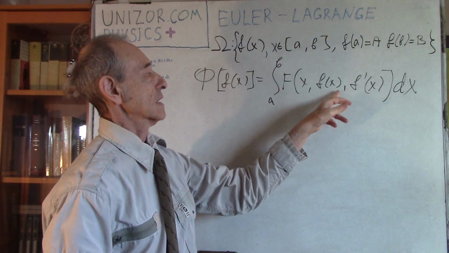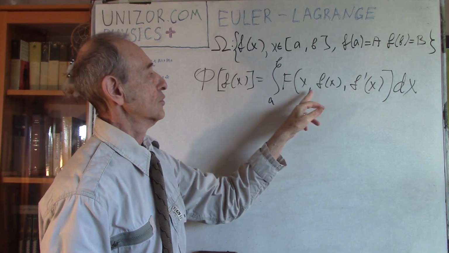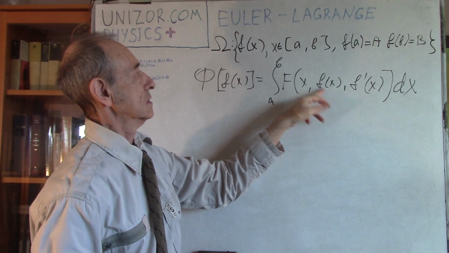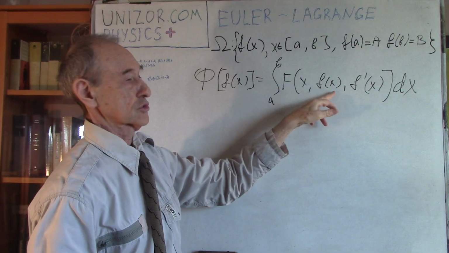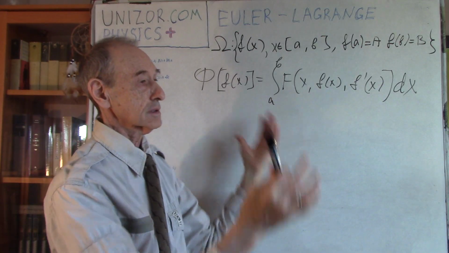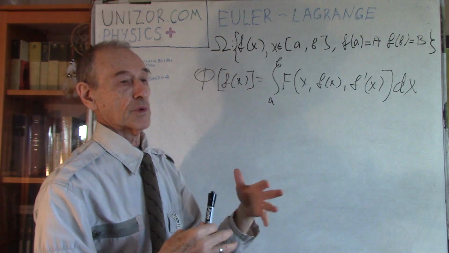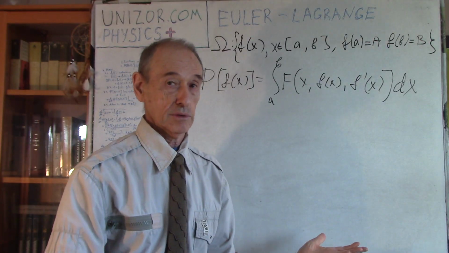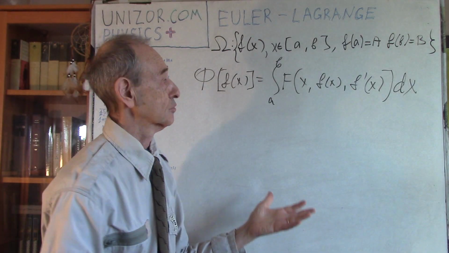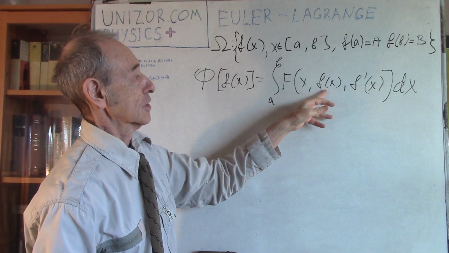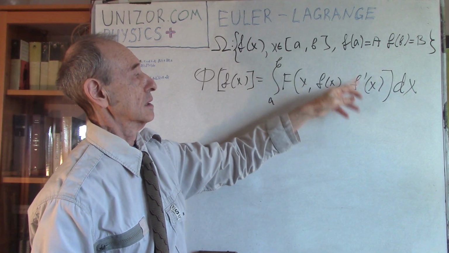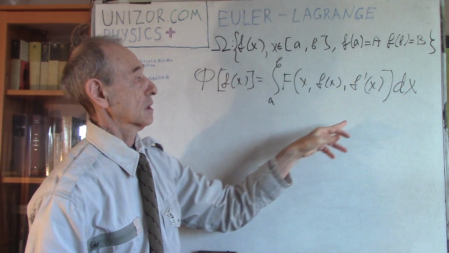So as our object is moving along the trajectory defined by function f of x, there is a certain formula which gives, let's say, the amount of fuel consumed, and the formula depends on the trajectory and on the first derivative of this trajectory.